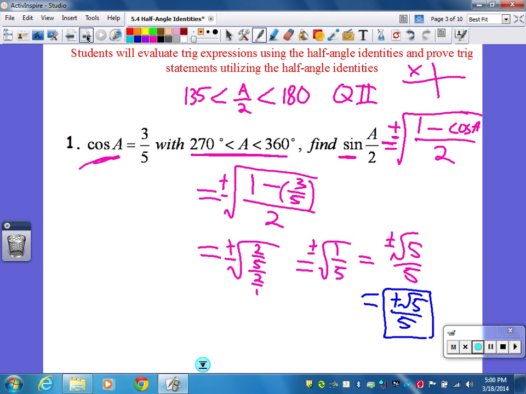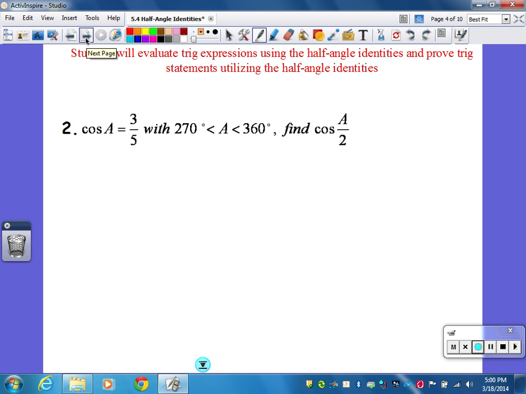Now, the next one. So right away we know that we have cosine A is equal to 3/5, and that's in quadrant, what quadrant is this? Quadrant 4. So we need to find cosine A over 2.